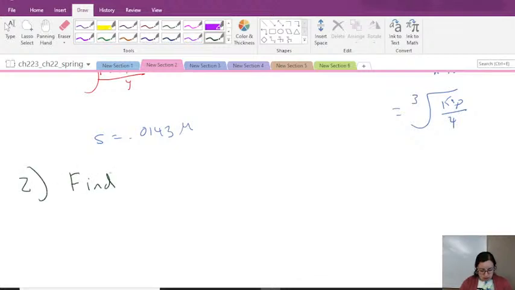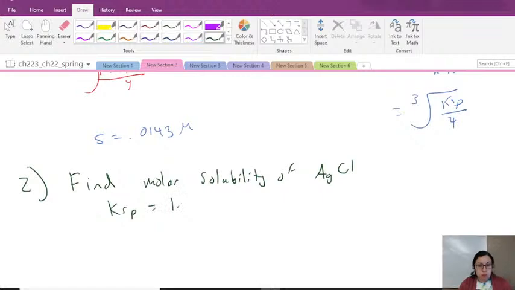So find the molar solubility of silver chloride. And the KSP is 1.77 times 10 to the negative 10. So feel free to use the formula method or the ICE table method, and then we'll go over your answers.